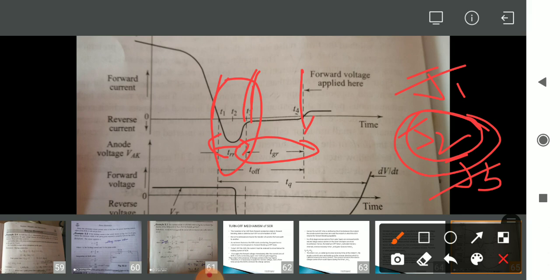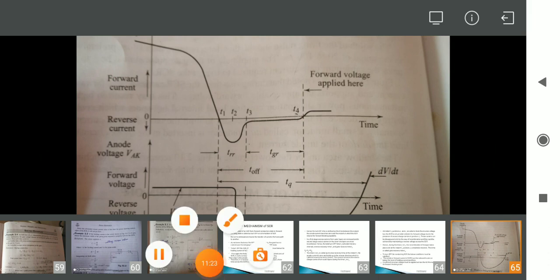So we know the diode, if you have already studied the basics in your basic electronics, the characteristics of a diode. A diode is a unidirectional device. If we apply an AC pulse to a diode, as soon as it reaches 0, it should turn off, but it won't turn off immediately because of the presence of charge carriers. So it will take some time to recover. The same thing is happening in an SCR also.